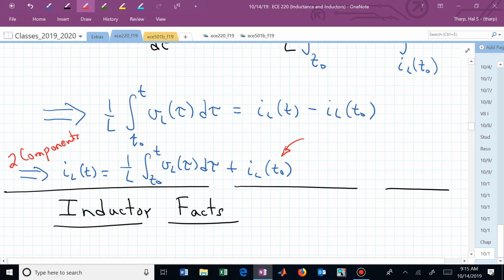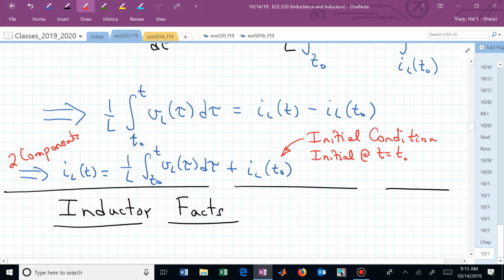This is the initial condition. We'll now be talking about what current was flowing initially when you start your analysis. Here's the initial condition, or the initial current at time t equal to t sub 0.